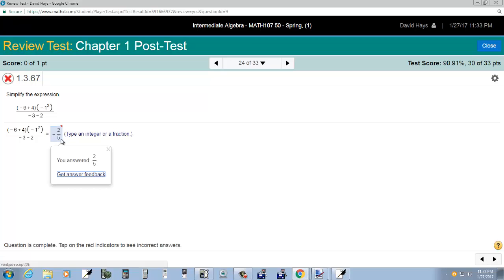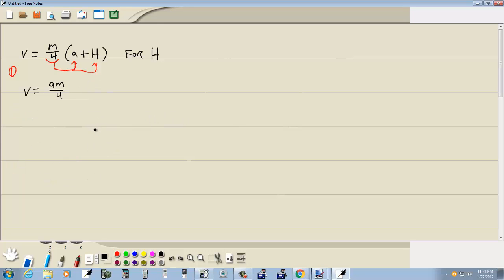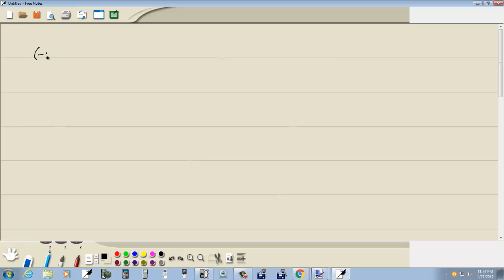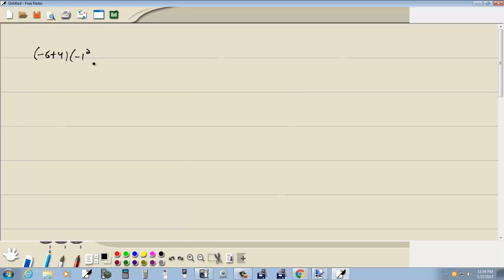I think I may have written this one down wrong. Let's see. Negative 6 plus 4, and negative 1. Squared goes inside.